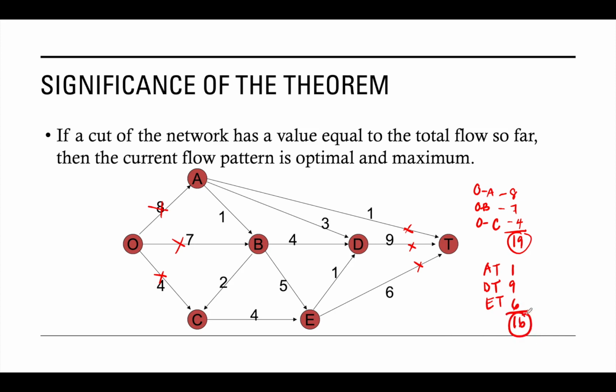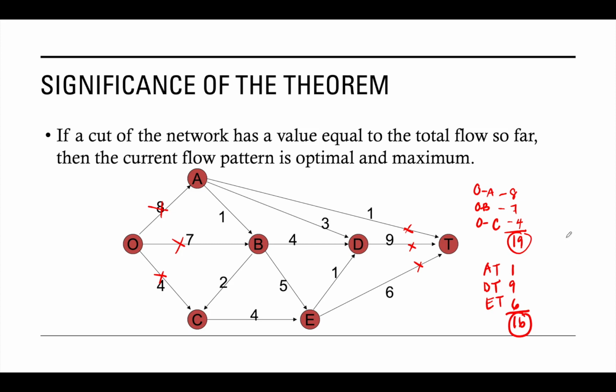Therefore, this is the cut value of the cut AT, DT, ET. So the question is, is this 16 the minimum cut? Are you able to find a cut such that it has a lower cut value?